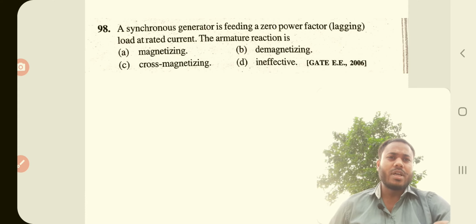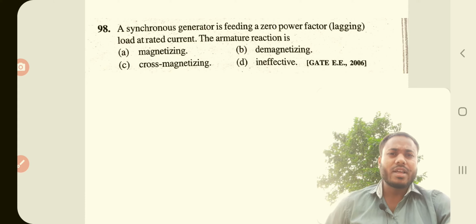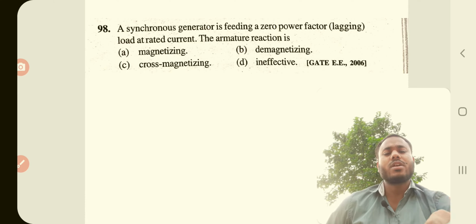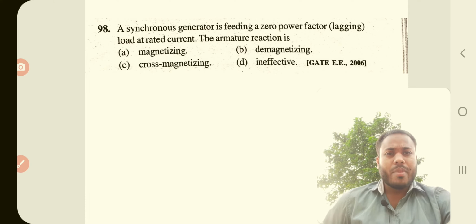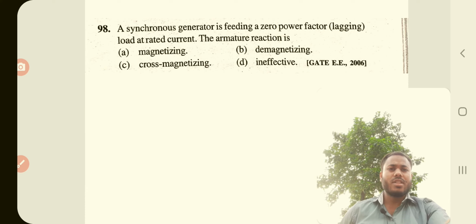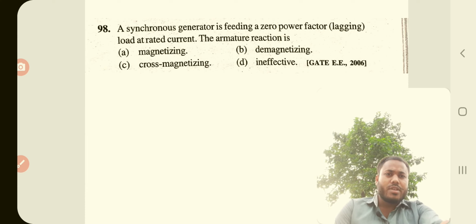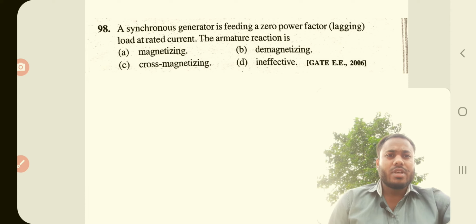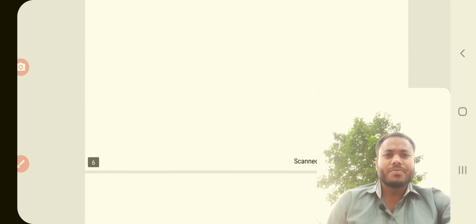If it were leading, then the right answer would be magnetizing, but here the right answer is number B, which is demagnetizing. It came in the GATE exam 2006.